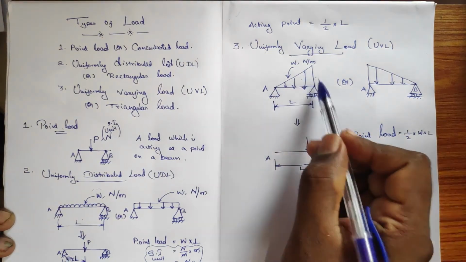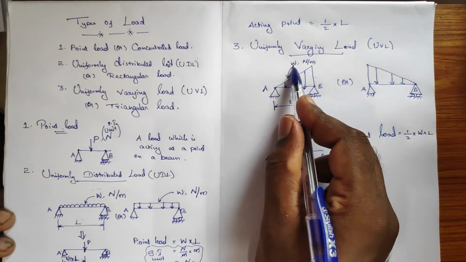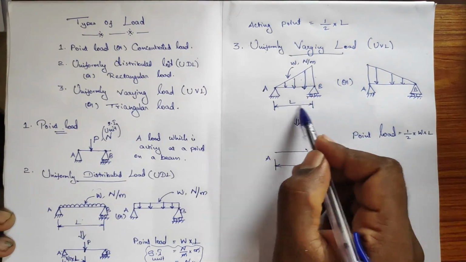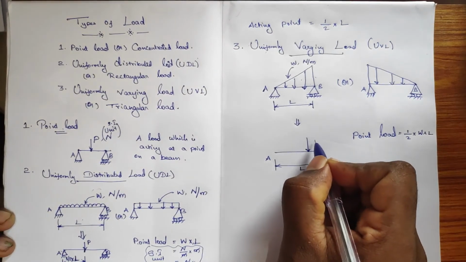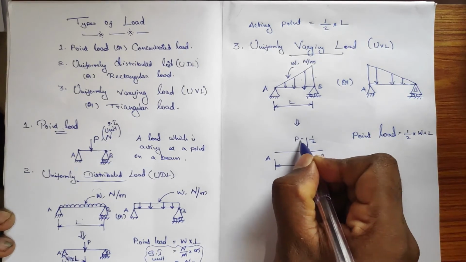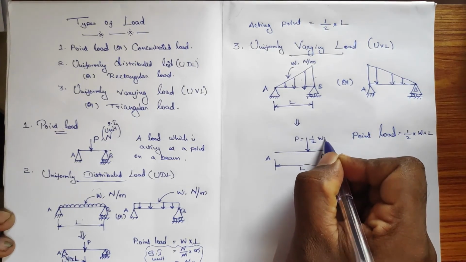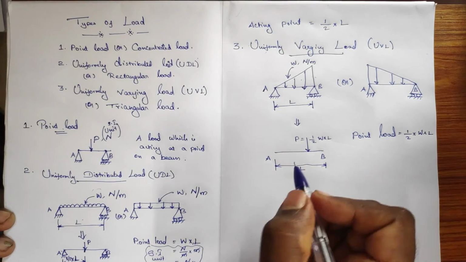It's just like a triangular formula, the right angle triangle formula, half into that load into the distributed length. So the point load can be 1 by 2 load into the length. Okay, fine.